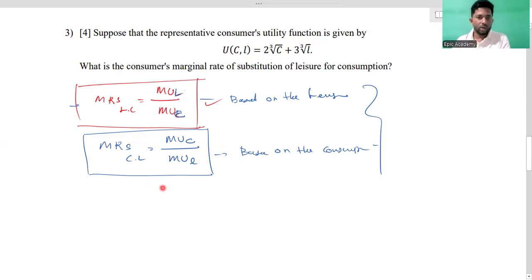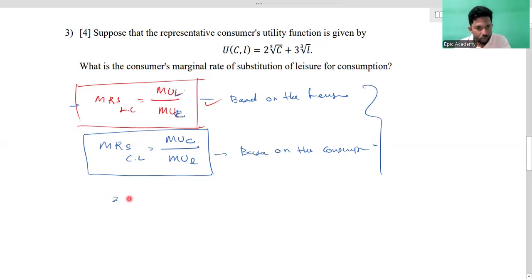First of all, we have to identify the equation. Already we know the equation is given in mixed form, not a separate equation. So then we have to put the values here.